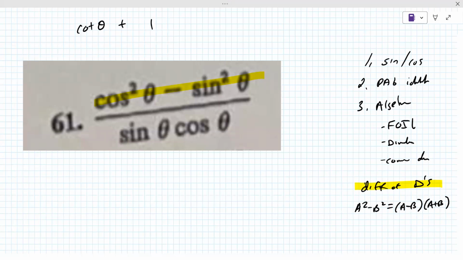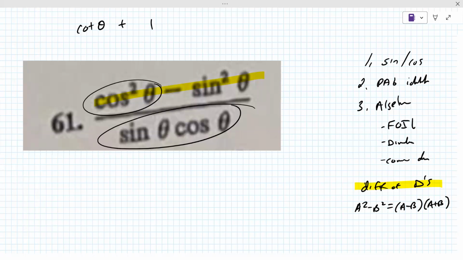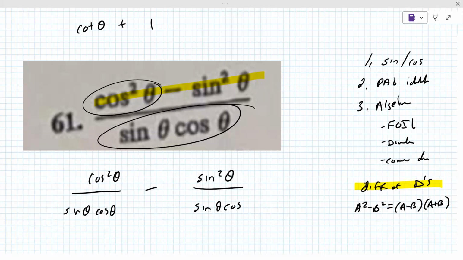I'm not sure, because there's a couple other ways we could go here. The other direction we could go is take each of these and divide it by this. The advantage of that is you will see some cancellations. What I mean is cosine squared theta over sine theta cosine theta minus sine squared theta over sine theta cosine theta.